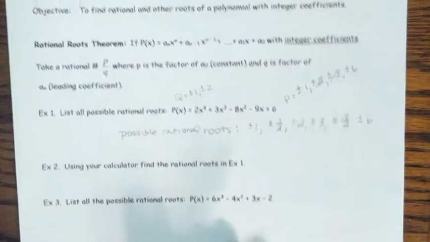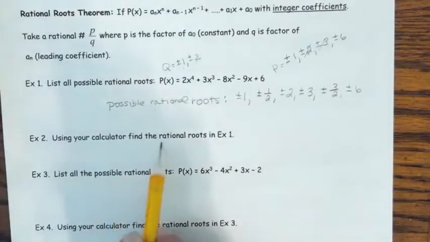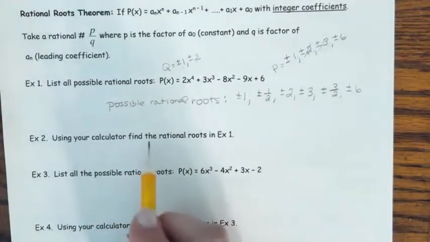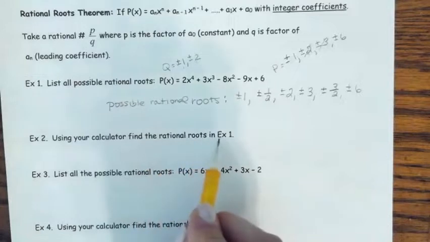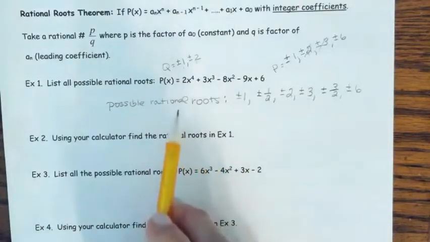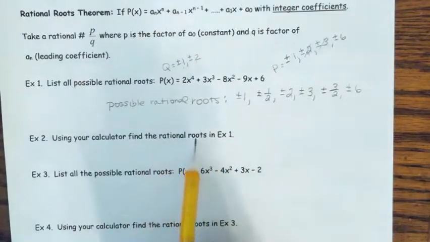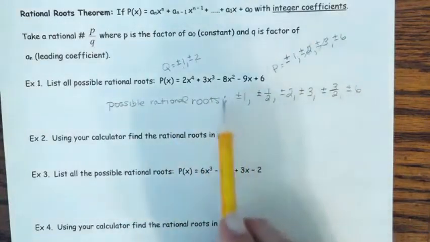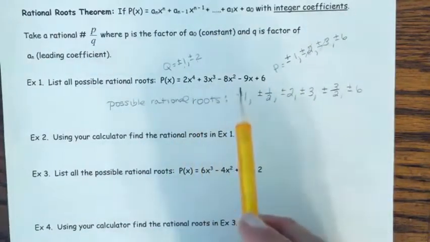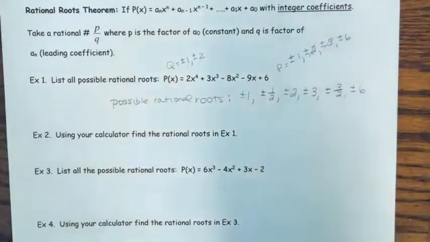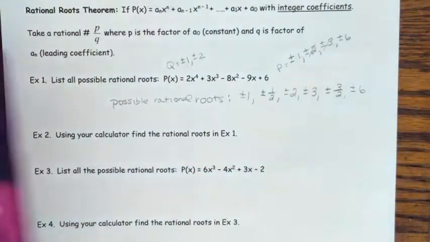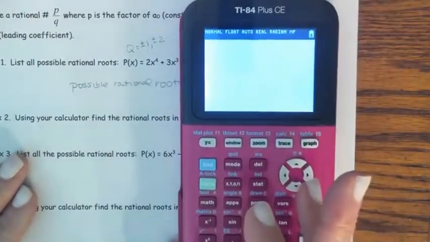Now example 2 says, using your calculator, find the rational roots in example 1. So I'm not finding all the roots, I'm just finding which of these is actually a root, which one is actually a 0, which one is actually an x-intercept. That's what all that means. So I'm going to put this in my graphing calculator.